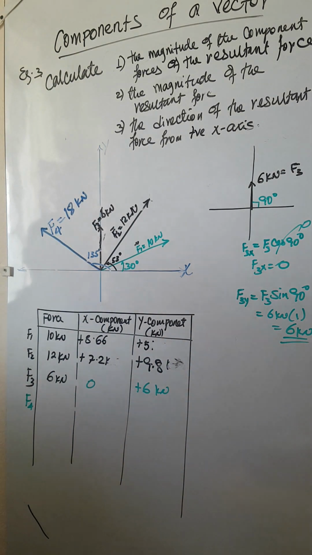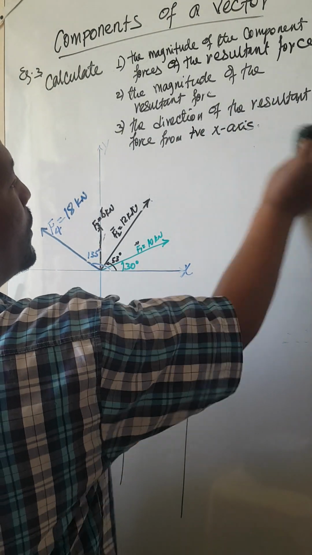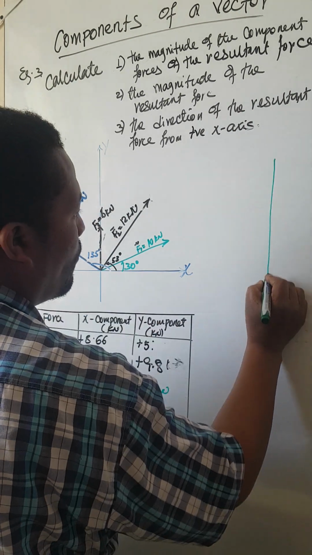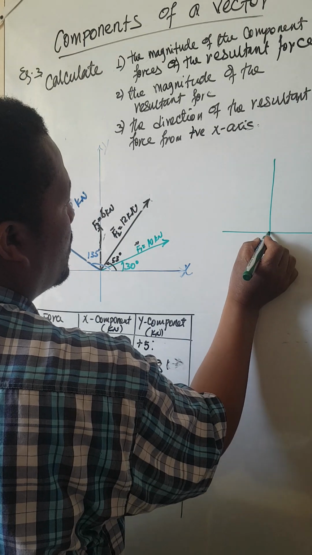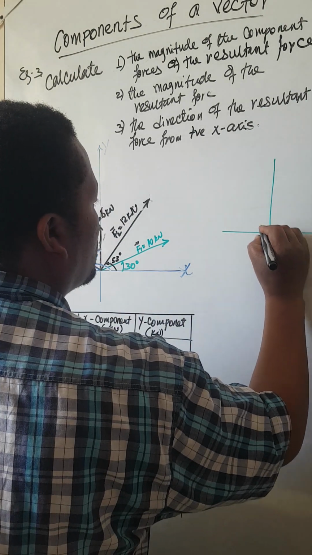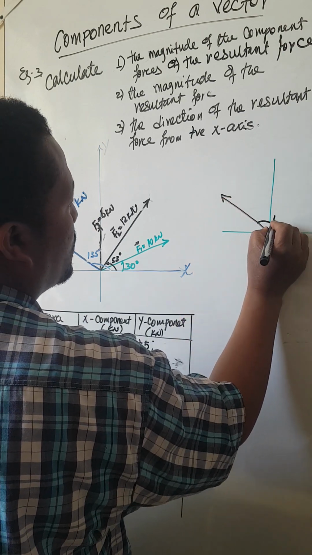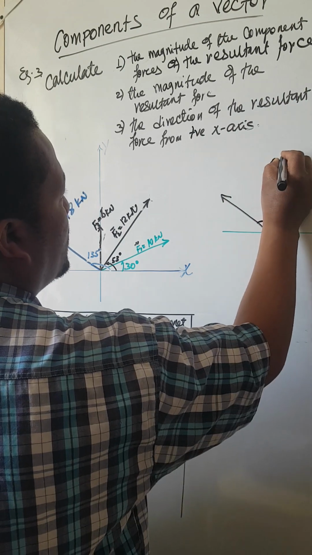Now here we have the force F4. F4 is making an angle of 135 degrees from the positive x-axis.